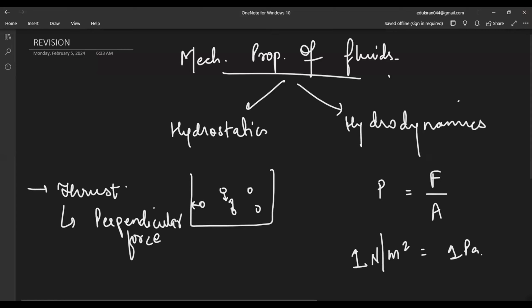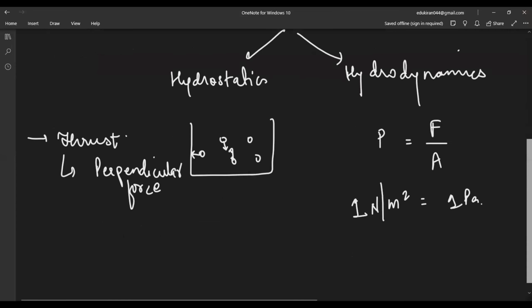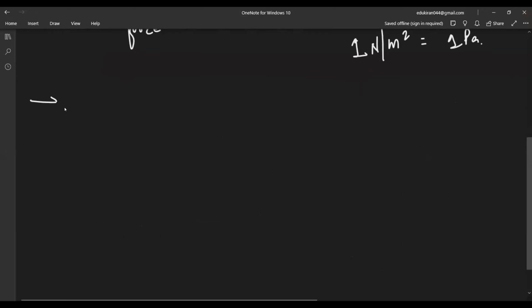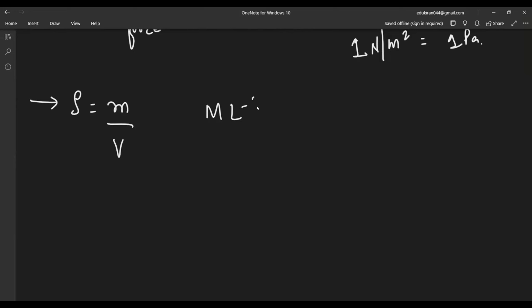One more thing that you have to keep in mind while practicing fluids chapter is the concept of density. Density is mass by volume. So this is also used. So you should remember the density's dimensional formula, that is ML to the power minus 3. Correct? Then we have the concept of specific gravity.